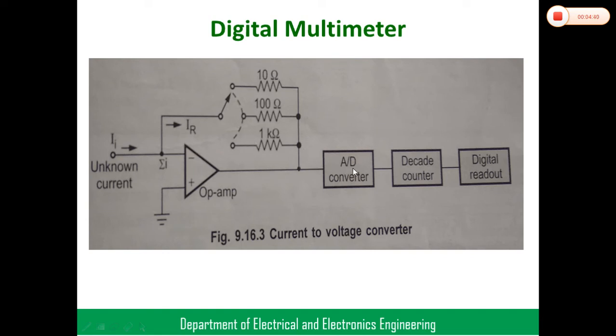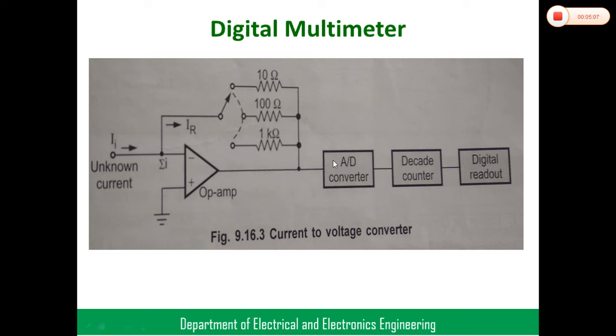In order to measure resistance, a constant current source is used. The known current is passed through the unknown resistance. The voltage drop across the resistance is applied to the analog to digital converter, hence displaying the value of the unknown resistance.